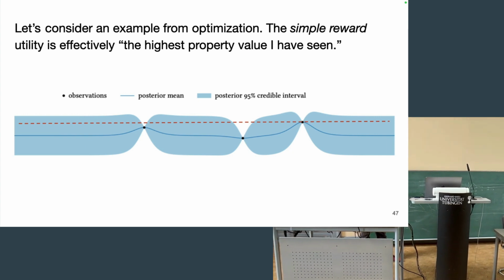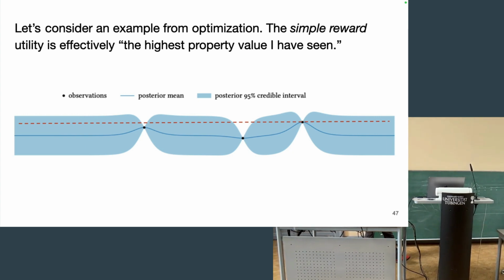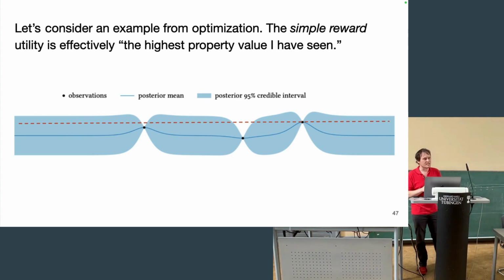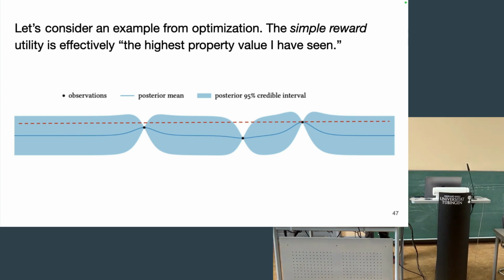OK, so let's consider an example from optimization. The simple reward utility function is a utility function that is effectively the highest property value that I've seen. So I need a utility function to measure progress in experimental design.